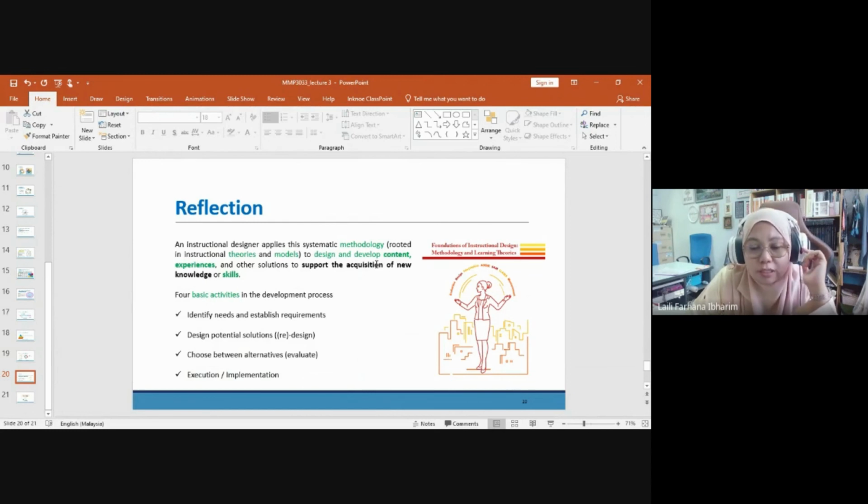As a conclusion, we need instructional design to plan a structured, systematic lesson in our teaching and learning to make our lesson successful. So you have to choose whichever model is suitable for your techniques in teaching and learning.